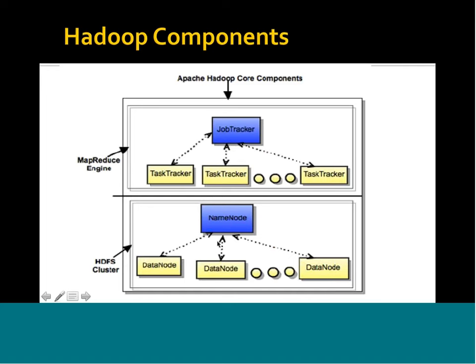Then comes the map reduce engine. Map reduce engine is for executing your analytics job, right? So you will have two components which take responsibility of doing that execution. One is the job tracker and the second one is the task tracker, right? Now the responsibility of the job tracker is to get the job and distribute that job to various task trackers.